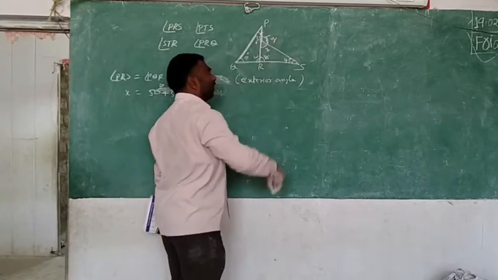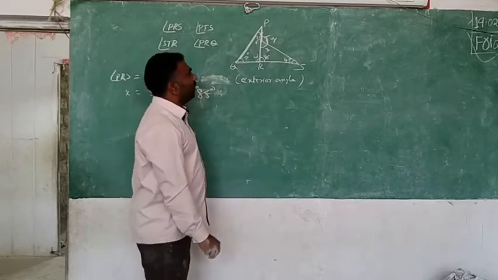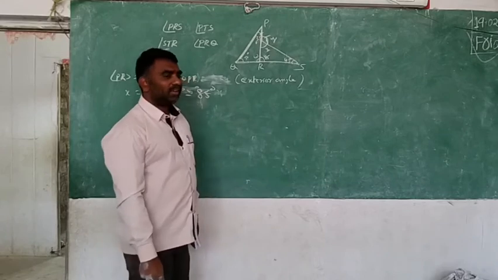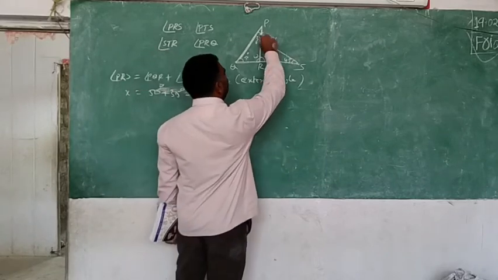Now Y. What is Y? Observe carefully. Y is also exterior. This is also exterior to this triangle.